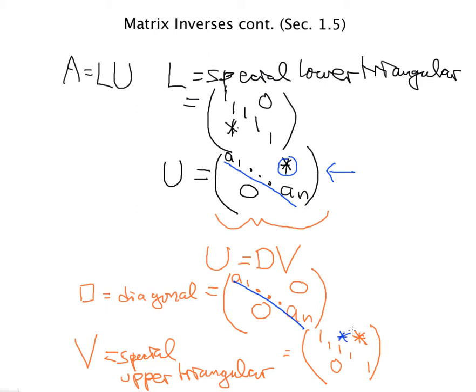So maybe it'd be better to write that with 2 stars. All right, so let's write that out again. So we have an upper triangular matrix, writing it as D times V.